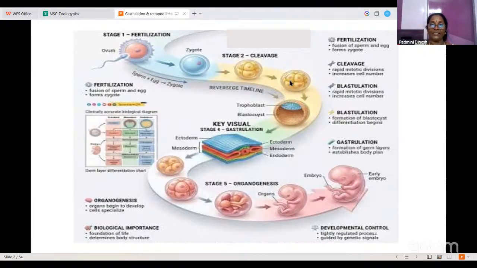Then, when the coelom is present, a blastocyst is present. That is called the blastula stage.